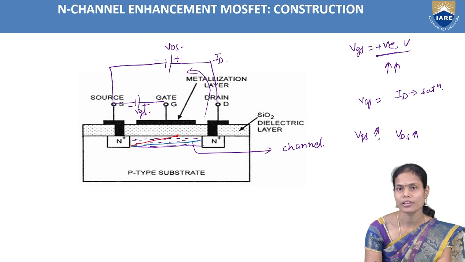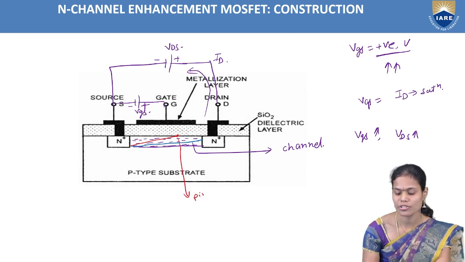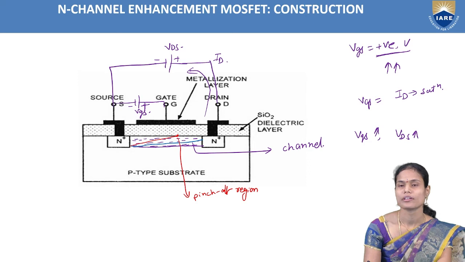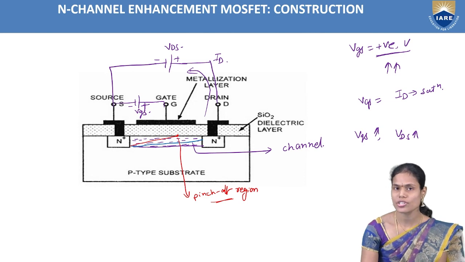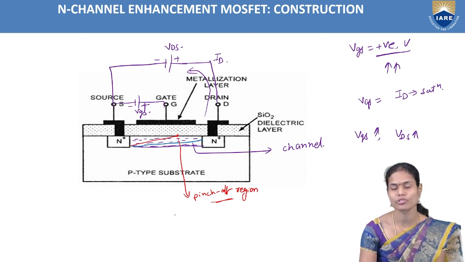So if the channel length is decreasing like this, we can call it the pinch off region. The channel length is reduced across the drain terminal, that we are indicating with the pinch off region. But in the saturation region of the operation, even though channel length is reducing, current conduction in the device will increase. Why?